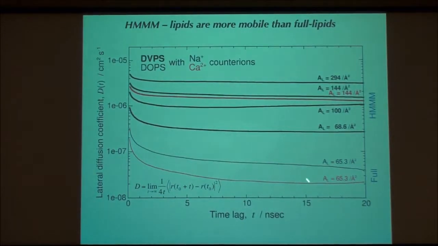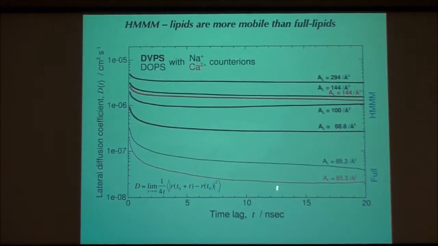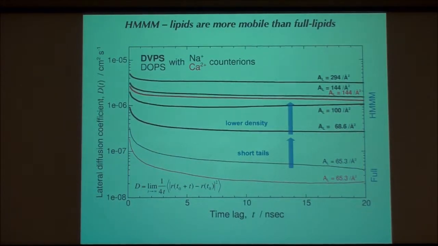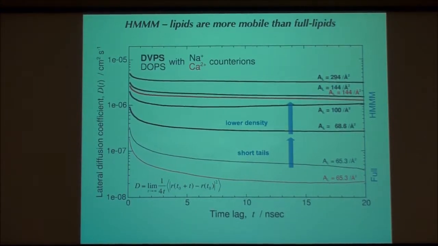These are the full conventional membrane models that people have been using. And by going to this HMMM representation and other tricks, you can increase the diffusion constant by 1 or 2 orders of magnitude. This is a logarithmic scale. So you increase by 2 orders of magnitude the motion of the lipids without losing the atomistic detail of the layer. That's really the key point here.